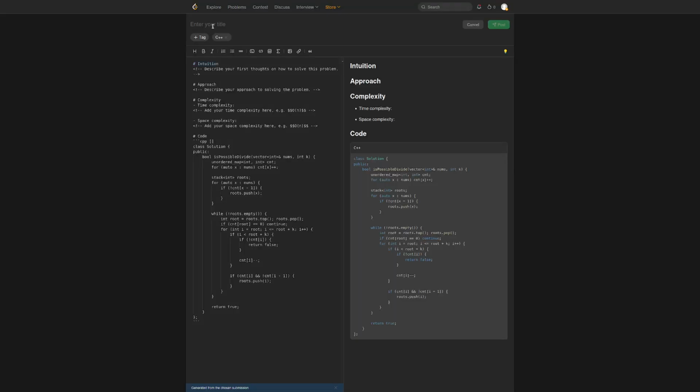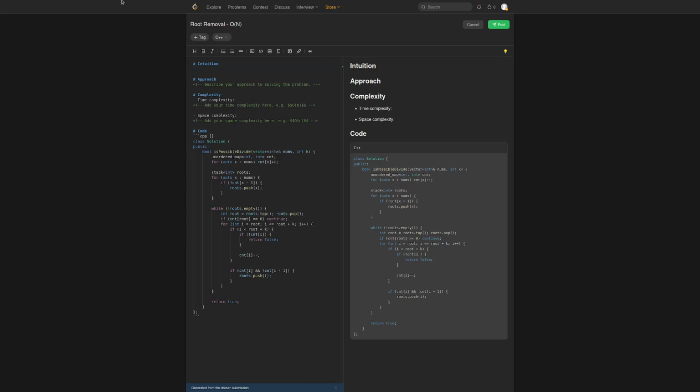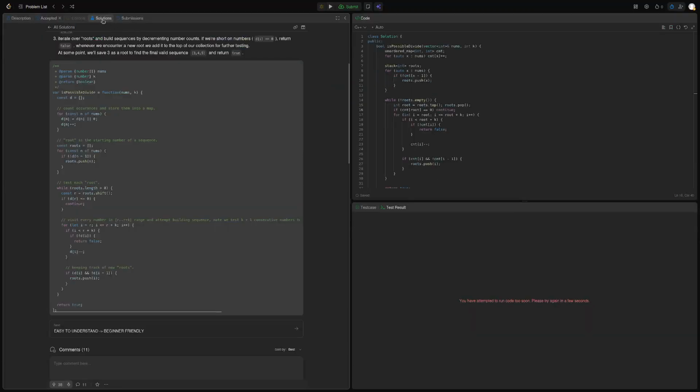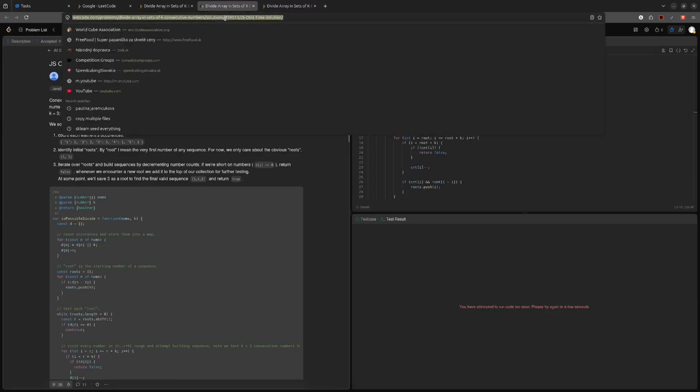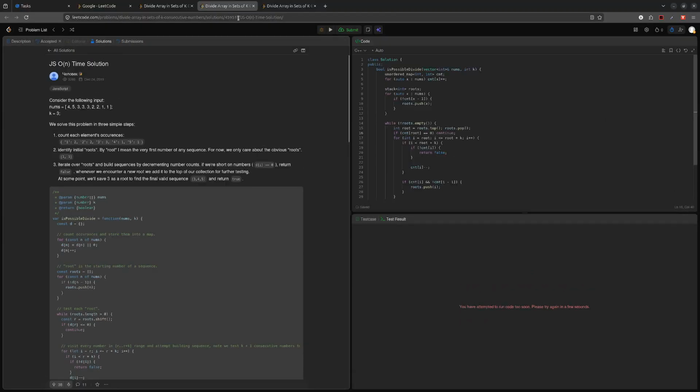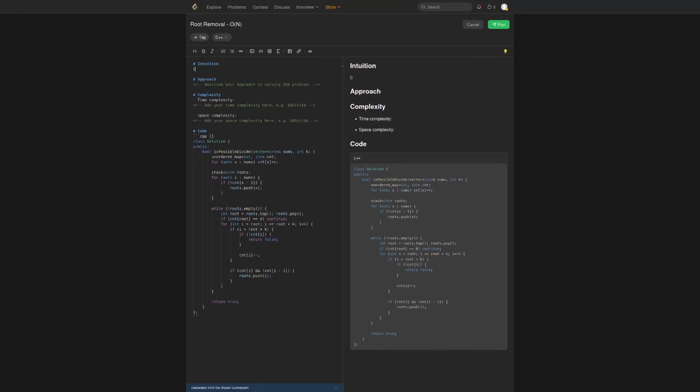So I guess root removal is O(n). Yeah, I should give credit where credit's due. Credit to the solution.